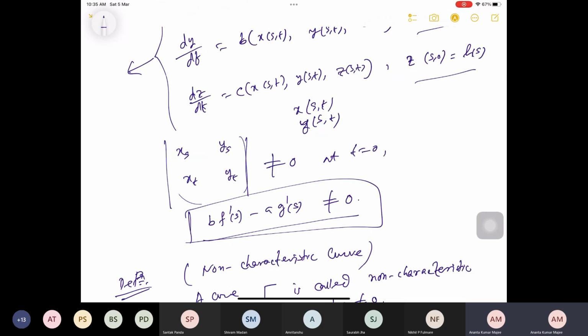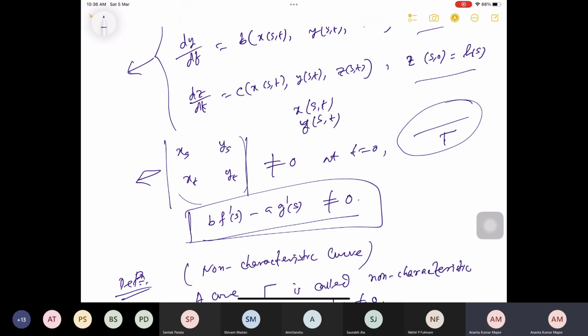So to use the inverse function theorem, what condition do you need? At some point the Jacobian matrix should be non-zero. Then in a neighborhood I can invert these things. So I say that at t is equal to 0, because I want solutions nearby t is equal to 0, which is in a neighborhood of your given parameterization, the given initial curve gamma.